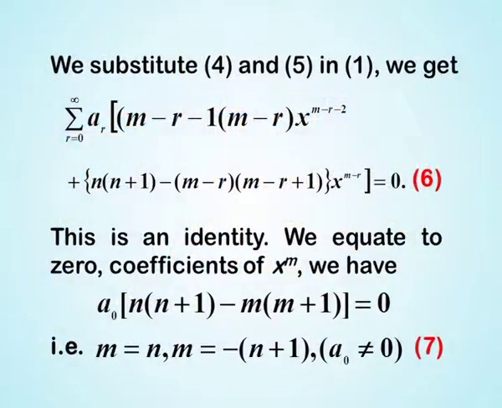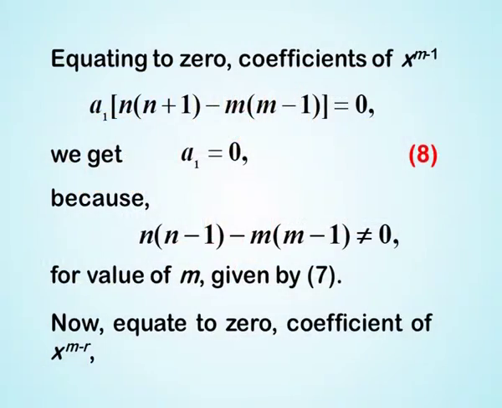We equate to 0 the coefficients of x to the power m, and it results in equation 7, noting that a0 is never equal to 0, and therefore we have m equal to n, and the other value is minus of n plus 1. We proceed further and equate to 0 the coefficients of x to the power m minus 1.